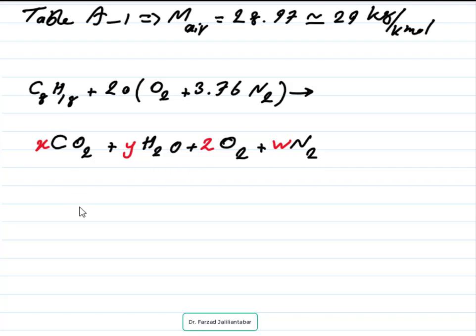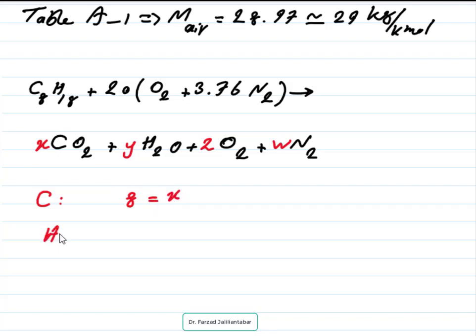For carbon, we have 8 atoms of carbon here. What about the products? Only the carbon dioxide has carbon, so x will be 8.